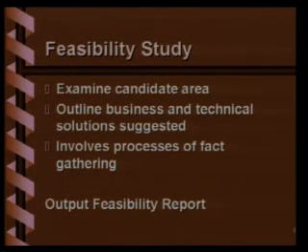Well, the feasibility study is conducted to examine candidate areas. It provides an outline for business and technical solutions which have been suggested. It involves processes of fact gathering. And what does it produce? Well, it produces a very simple thing called a feasibility report.